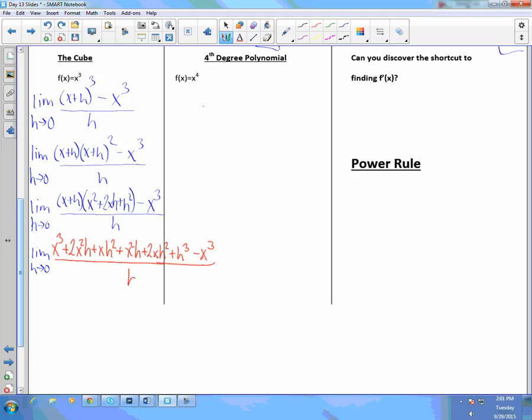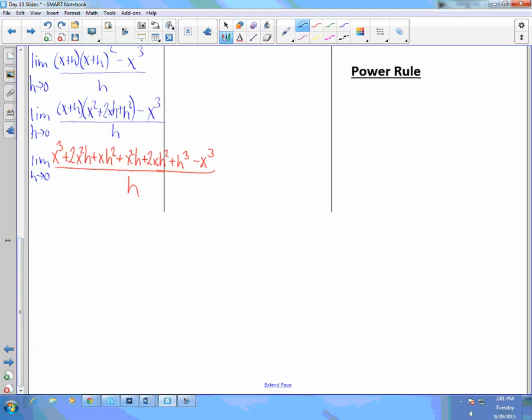Okay, that's the big long thing. Everything without an h should cancel. X cubed, negative x cubed. Everything else has an h, correct? So, limit as h approaches 0, just factor out h.